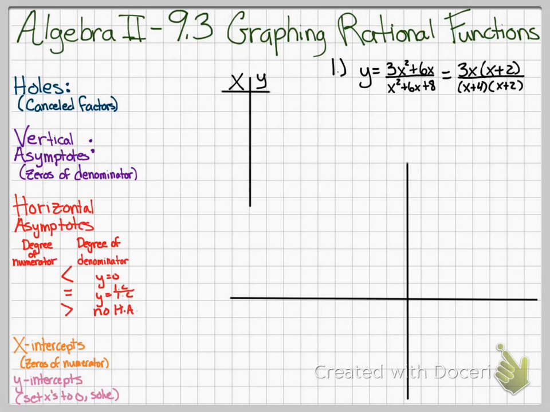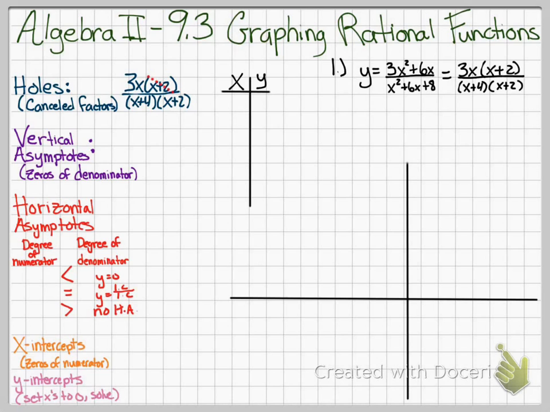Okay, so this is factored form. Let's move back over to holes and see if we can come up with any holes in this graph. You're going to rewrite your function, and I'm going to ignore the y for right now, just because we're only going to look for factors we can cancel that have to do with x. So we have our 3x times the x plus 2 over the x plus 4, x plus 2. Quite obviously, there is something we can cancel.